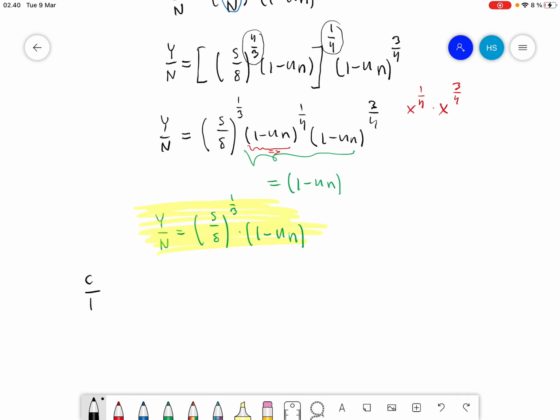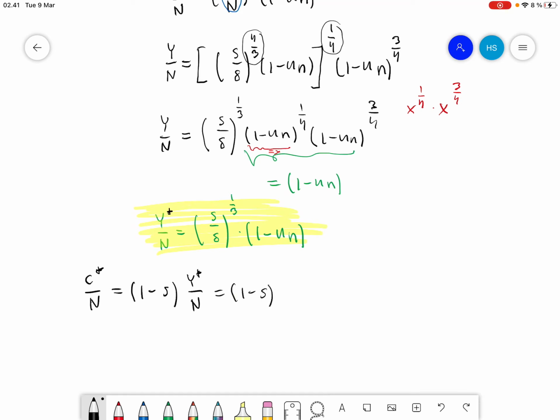Lastly, and of course this here is in steady state, we have to compute consumption per worker in steady state. Consumption per worker in steady state is 1 minus S times output per worker in steady state. So we simply replace the output per worker with the exact expression that we have right here.